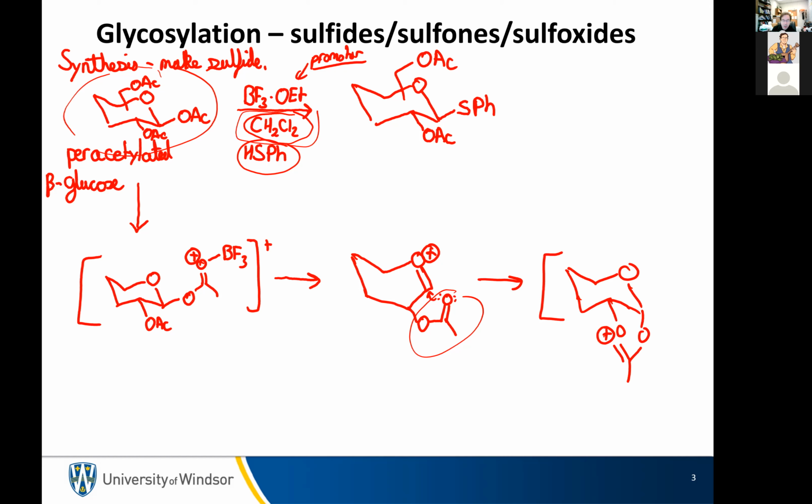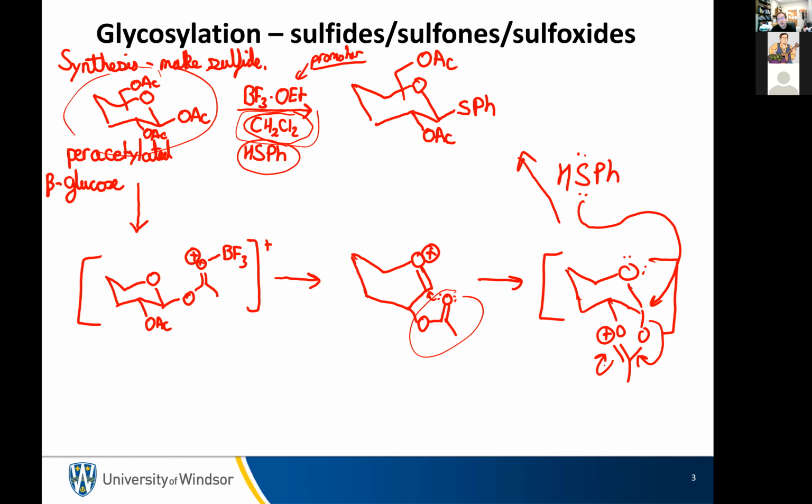You could draw that double bond equally between either of the oxygens, the resonance structures of each other. And then this forces the thiophenol to come in and attack and give us the beta product, regenerating that C2 acetate.